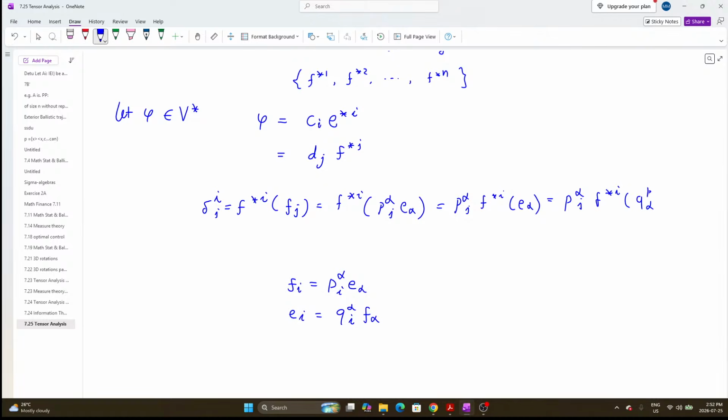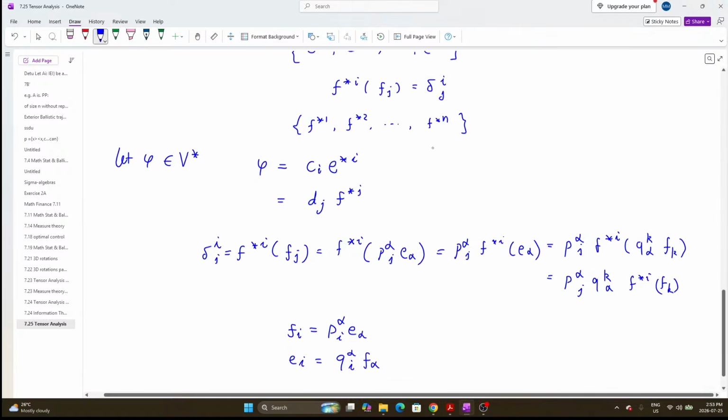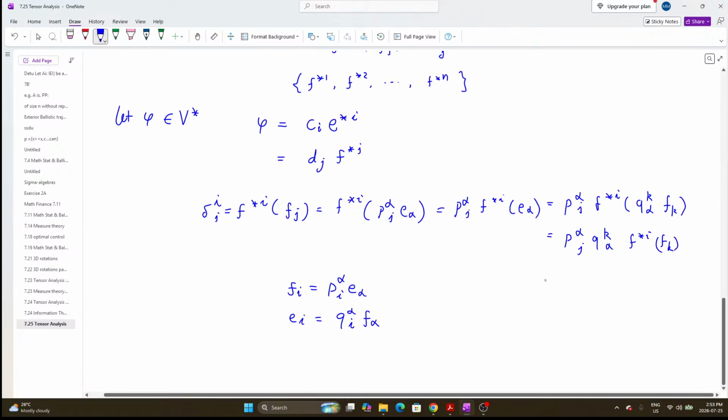So Q k alpha, k up, alpha down, and Fk. And then use linearity again. This becomes P alpha j, Q k alpha, F star I of Fk. And now you can use the dual basis definition. This is exactly the Kronecker delta. So hold on a second. Did I get a tautology? This isn't good.